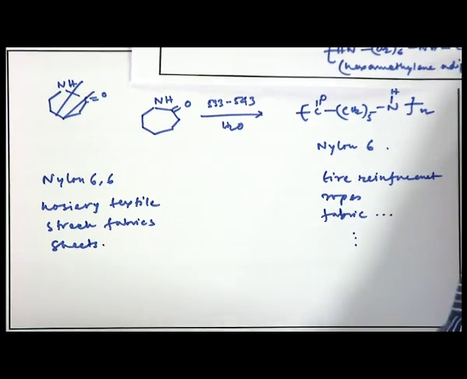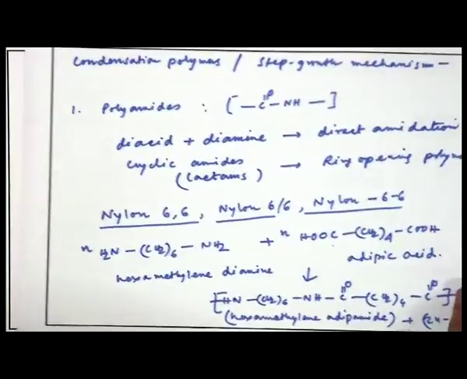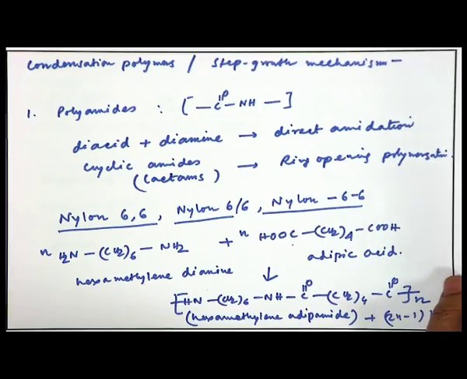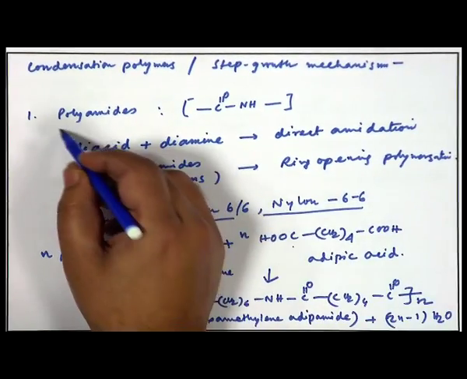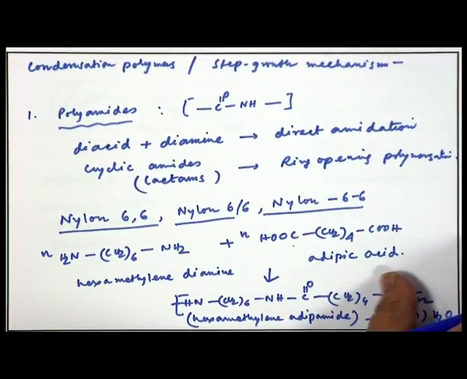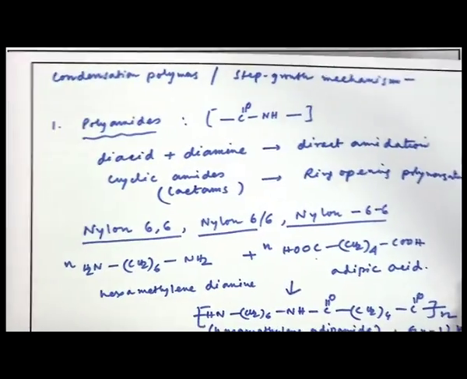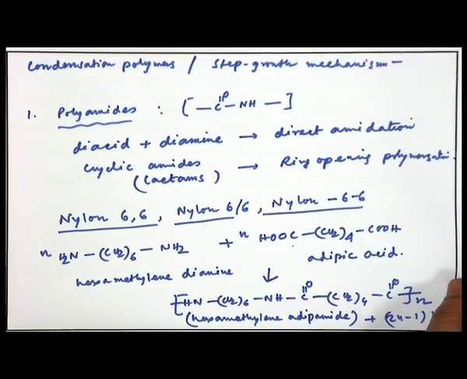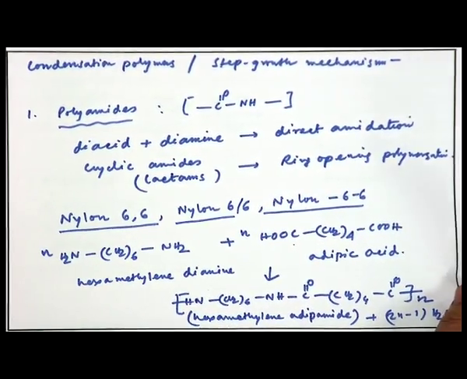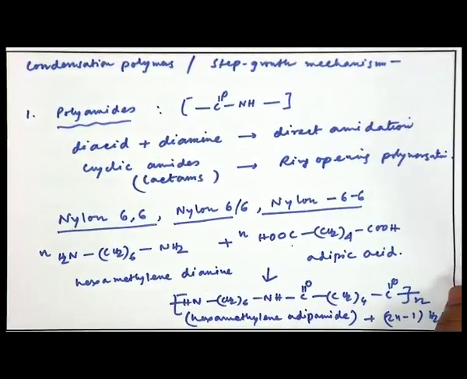So, we talked about one example of condensation polymers, polyamides, and next class we will talk about the other condensation polymers like polyesters. We will stop for this class now.